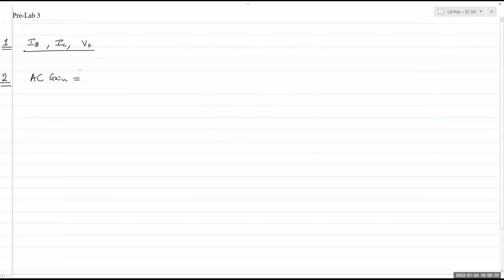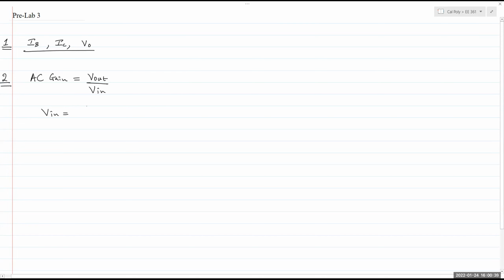AC gain is simply V out over V in. And the answer to this is also in the lab write-up. So what you need to do is calculate V out, because V in is already given to us.